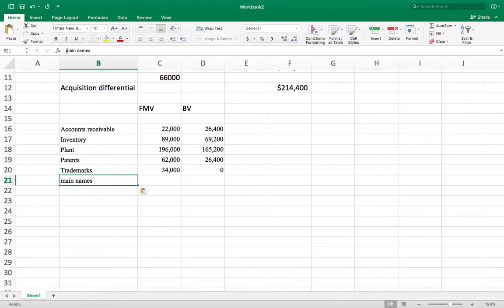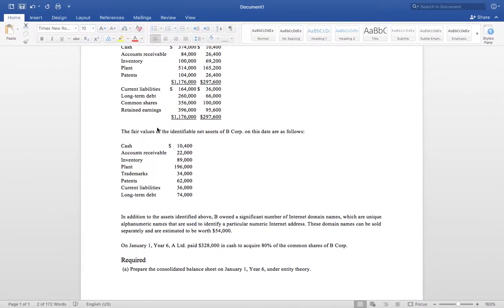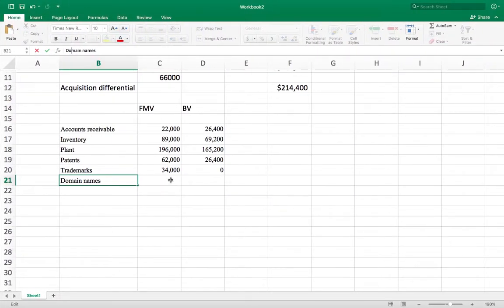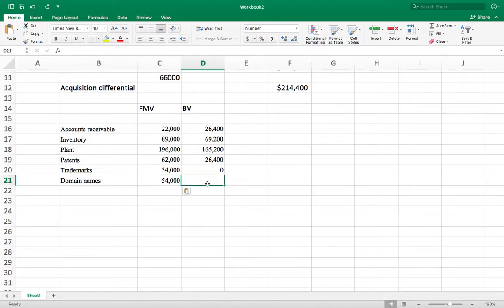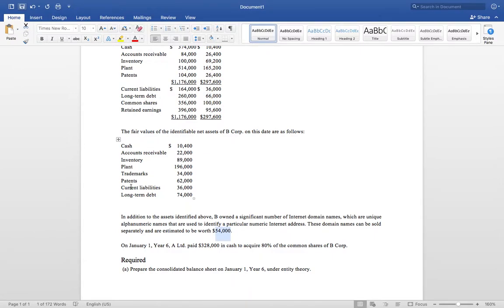Domain name fair market value is 54,000. Book value, because we didn't have anything from before, is 0. And that is all for assets.